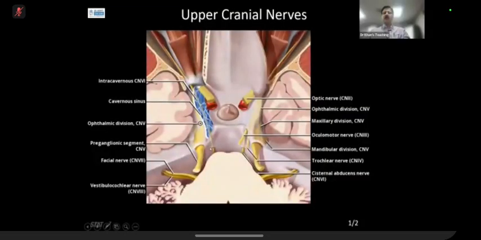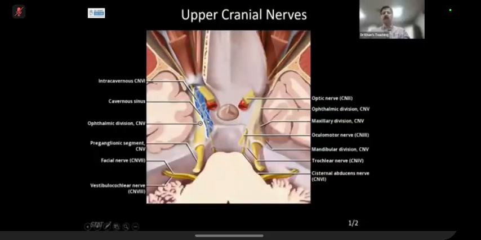It can affect this nerve, which is the 6th nerve. 6th nerve passes into the cavernous sinus, and then it supplies the lateral, this muscle, extraocular muscle, lateral rectus. So the patient will present with palsy of this lateral rectus.